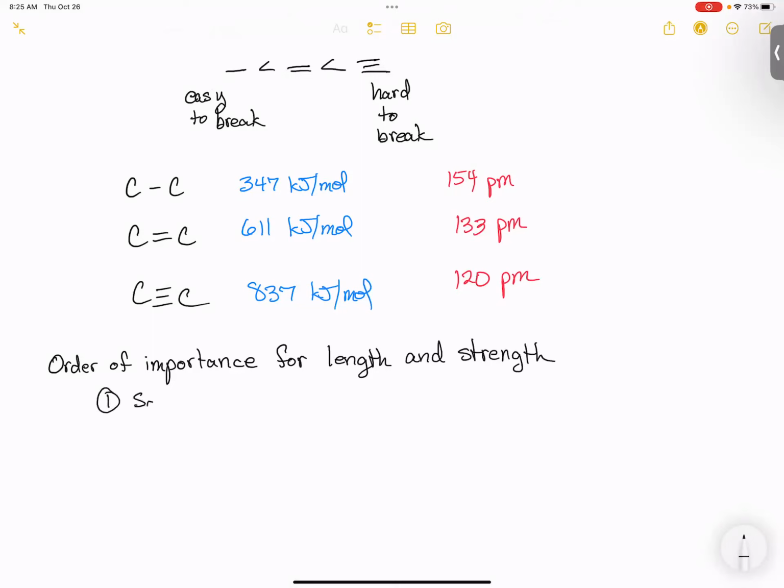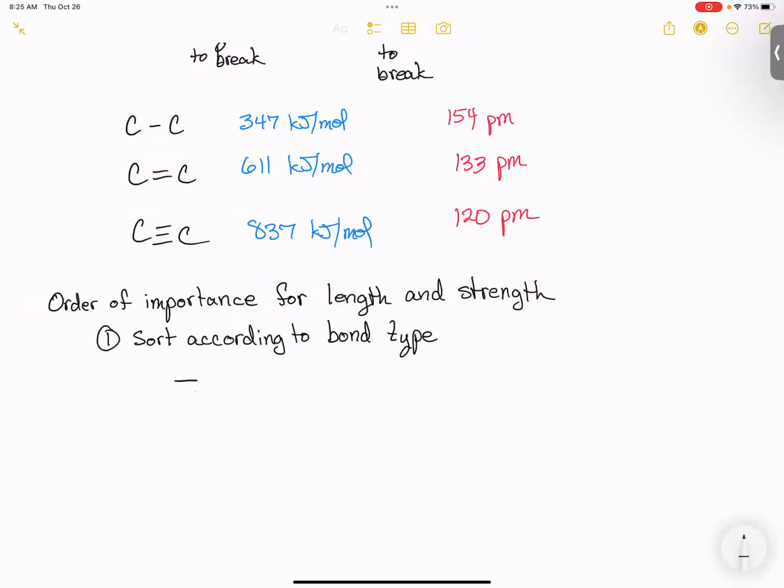First, sort according to bond type, where you have single bond, double bond, triple bond. Single is longer and weaker, whereas a triple bond is shorter and stronger.